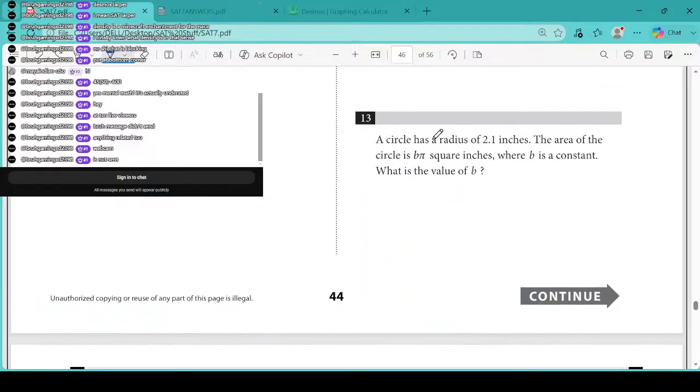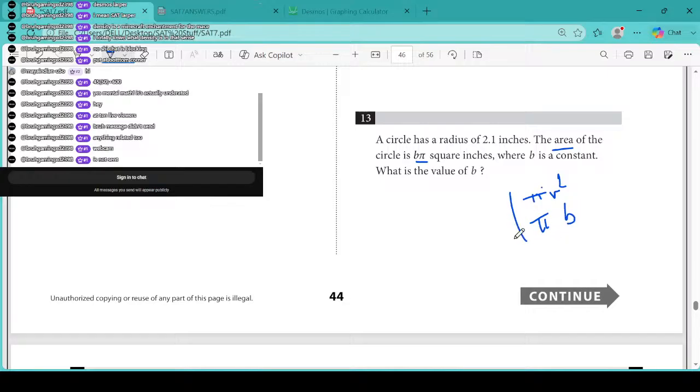A circle has a radius of 2.1 inches. The area of the circle is b pi square inches, where b is a constant. What's the value of b? For a circle, the area is pi r squared, and they're telling us the area is b pi, or pi b, right?